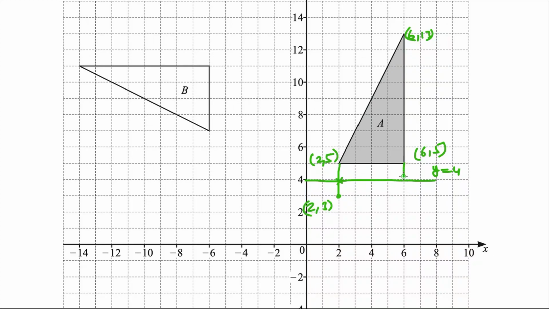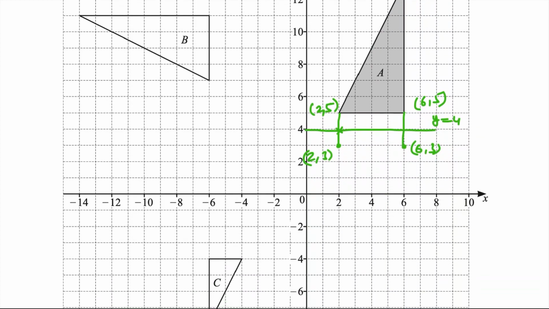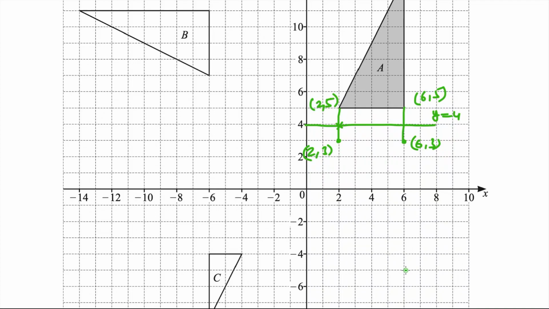Similarly for 6 comma 5, this is 1 unit above, so the corresponding point would be 1 unit below. So this would be 6 comma 3. And 6 comma 13 is 9 units above, so it will be 9 units below, and 9 units below would be 6 comma minus 5.